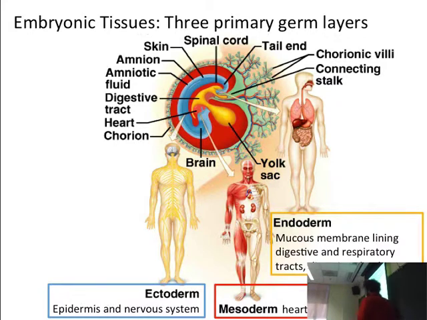The endoderm ends up being sort of the interior of the coelomic cavity, the mucous membrane lining of the digestive and respiratory tracts. And then the mesoderm is the mesenchymal cells, the muscle cells, the heart, the kidney, blood, the bone. And then the ectoderm is where the epidermis and nervous system derive from. Okay? So that is the embryologic origin of these.